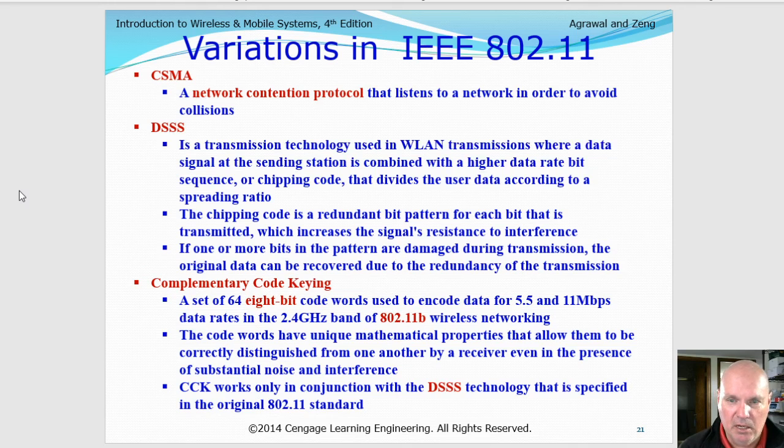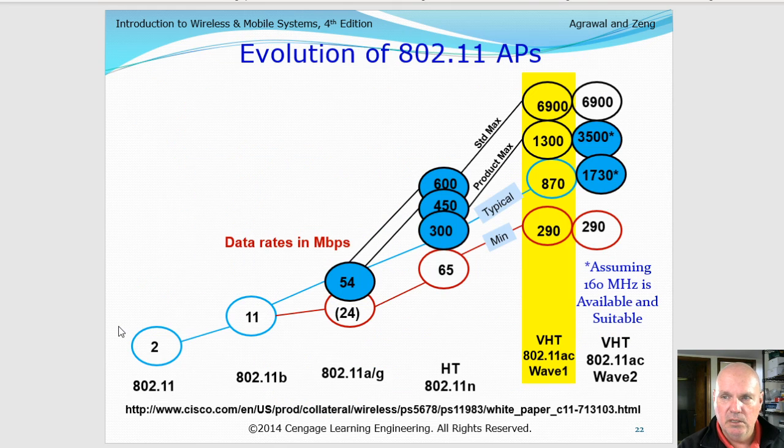And then another technique, which is kind of like code division multiplexing, using complementary code keying so that we can transmit these orthogonal codes, and so we can simultaneously transmit 64 different channels without interference.